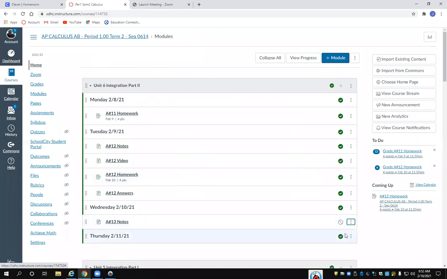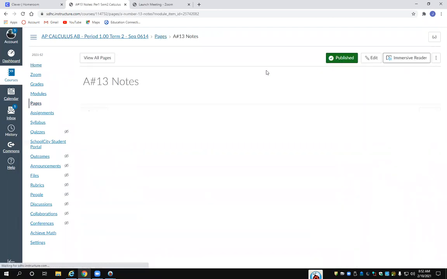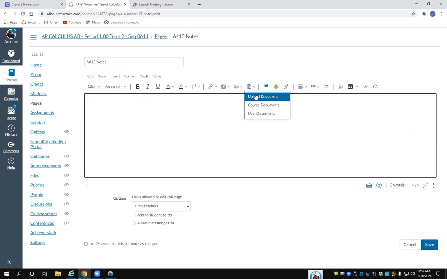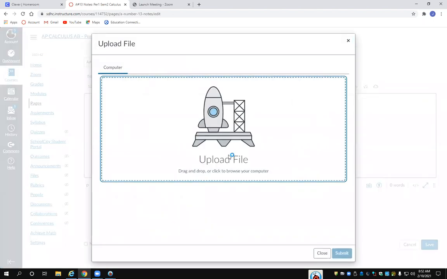Now's a good time to take a potty break if you need to. All right, now you get to see the inner workings of how I build my module.